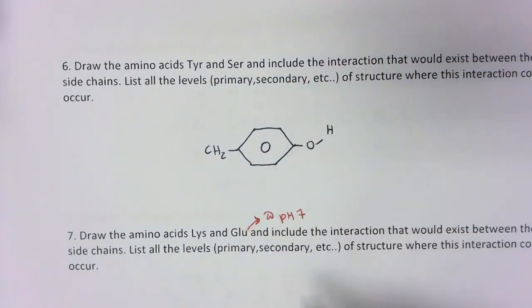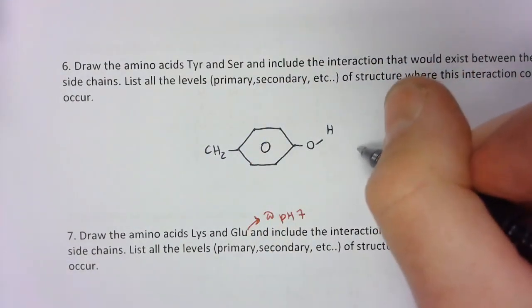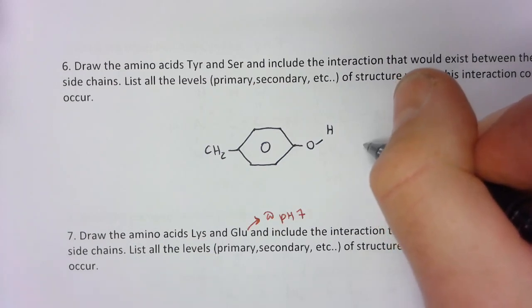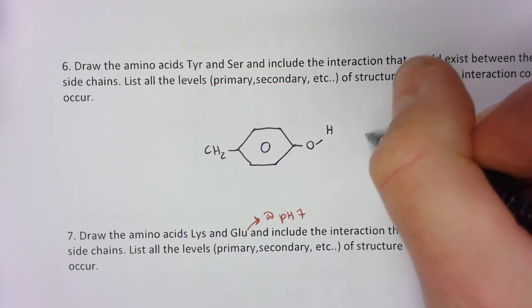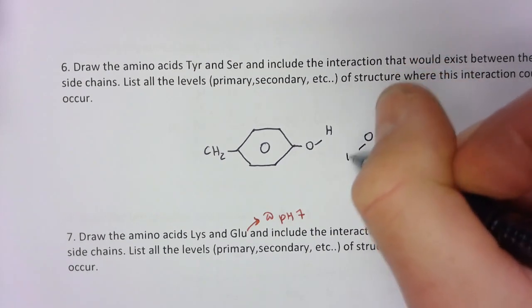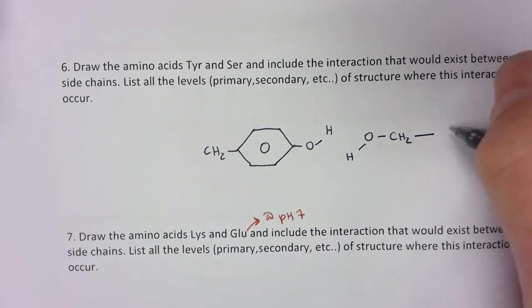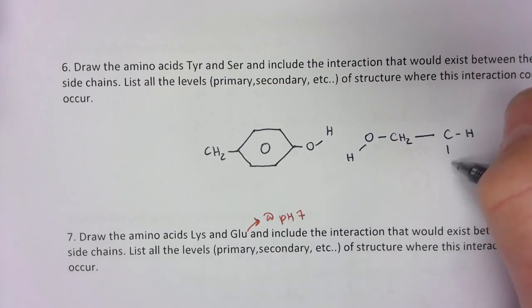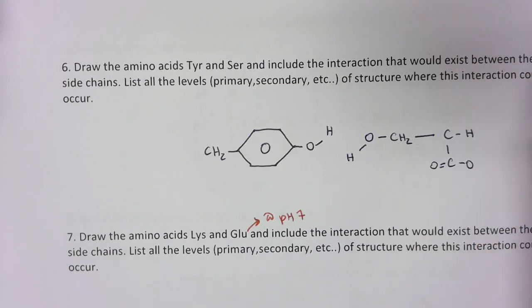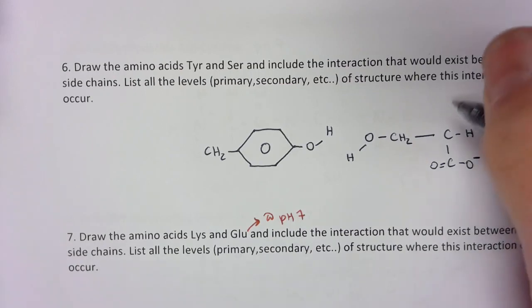And then I'll have the side chain for serine here. And then I have the alpha carbon right here. It doesn't really matter how you order this. I'll put the C terminus here and the N terminus up here.